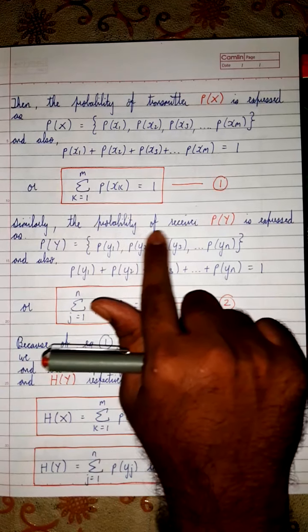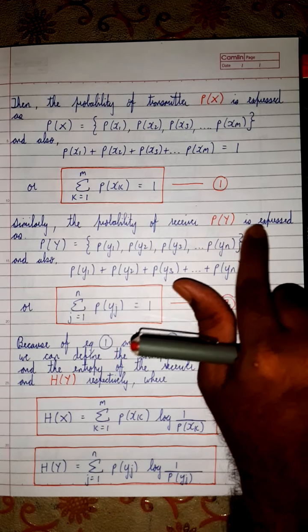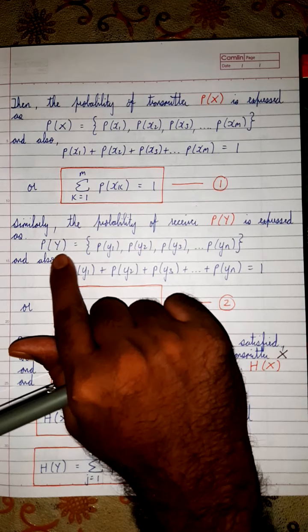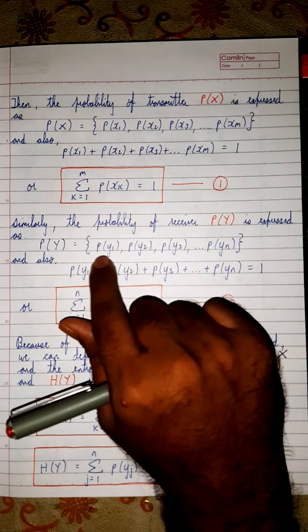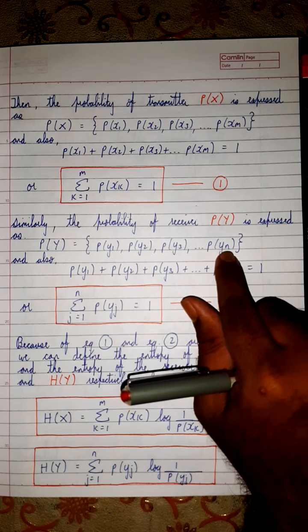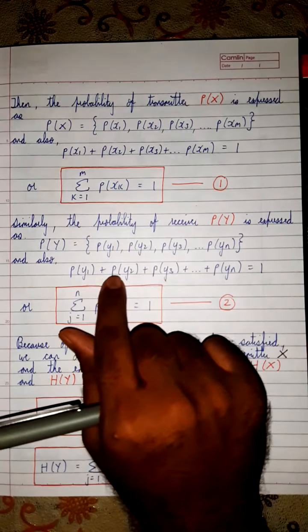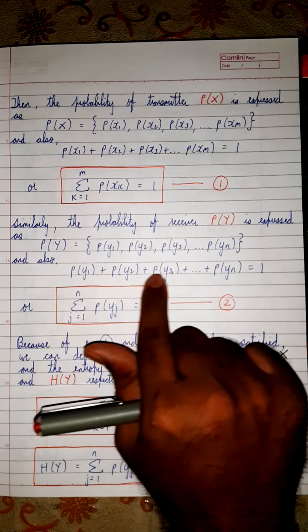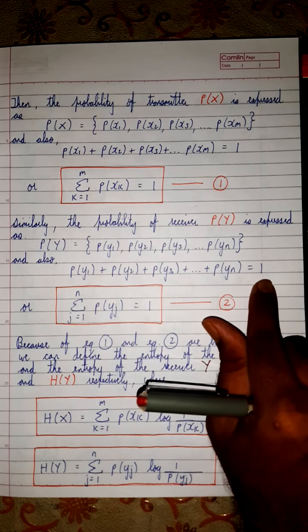Similarly, the probability of the receiver, P of y, is expressed as P of y equal to a set of P of y1, P of y2, P of y3 up to P of yn. And likewise, if I add the probabilities of all the received symbols, I will definitely get 1.